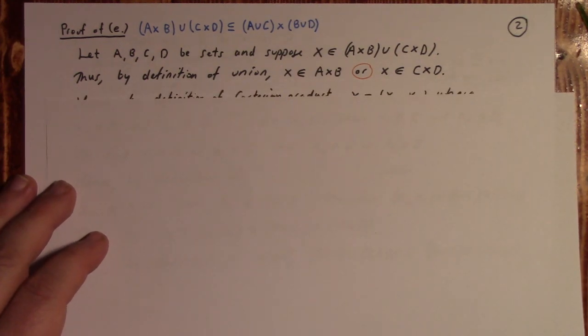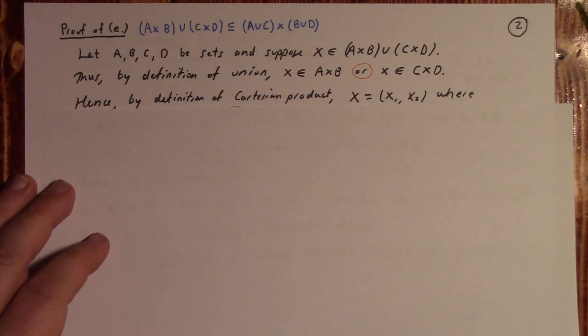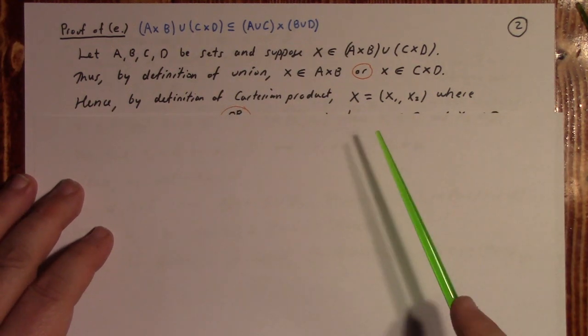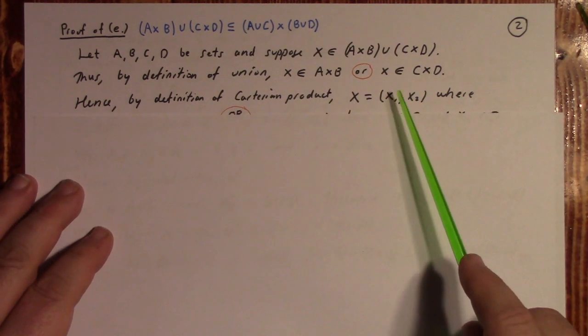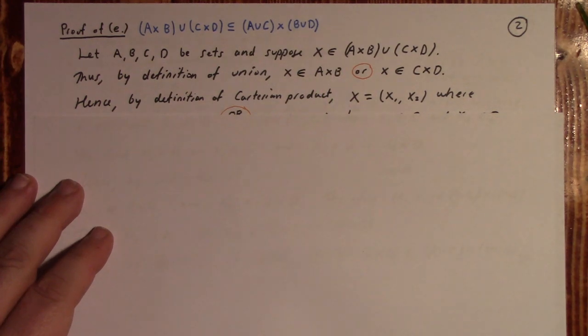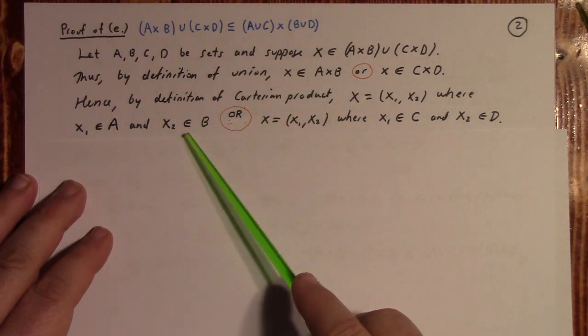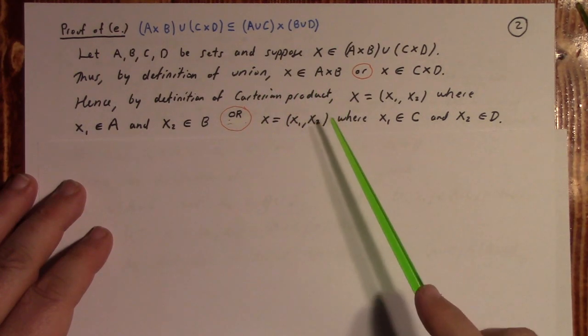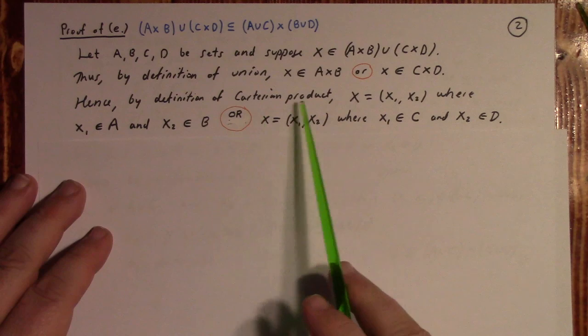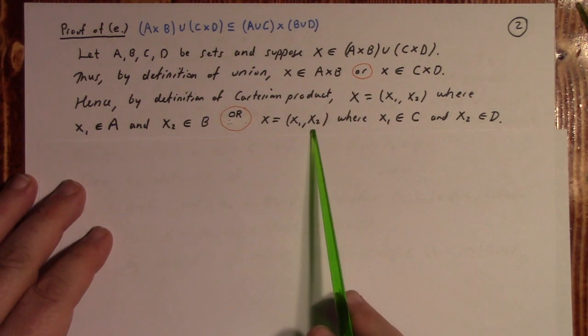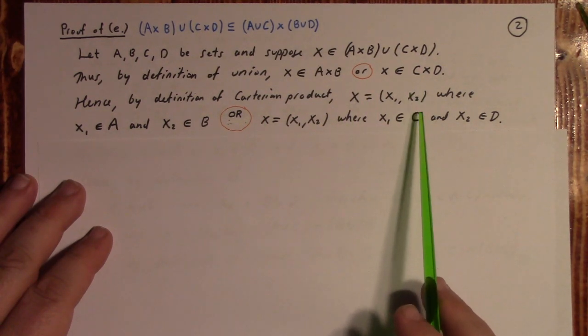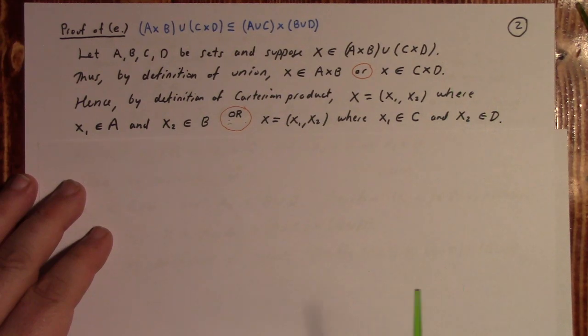All right, so hence by definition of Cartesian product, X is equal to (X1, X2), where from here we have X1 is in A and X2 is in B. Or X is equal to (X1, X2), where X1 is in C and X2 is in D. All right?